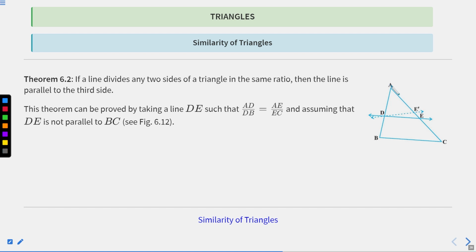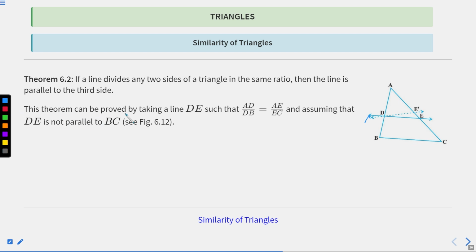Suppose we take this line DE, which intersects side AB at D and AC at E. This theorem states that if a line divides two sides of a triangle in the same ratio, then the line is parallel to the other side.